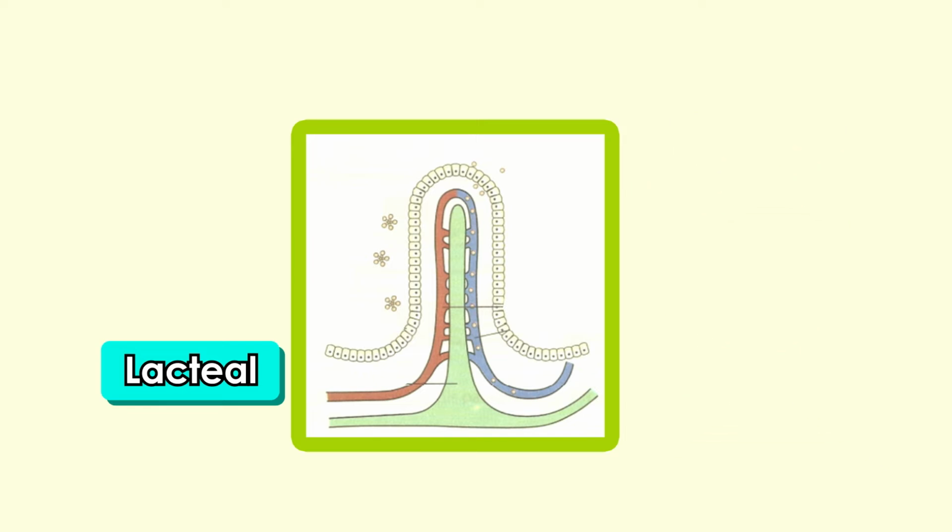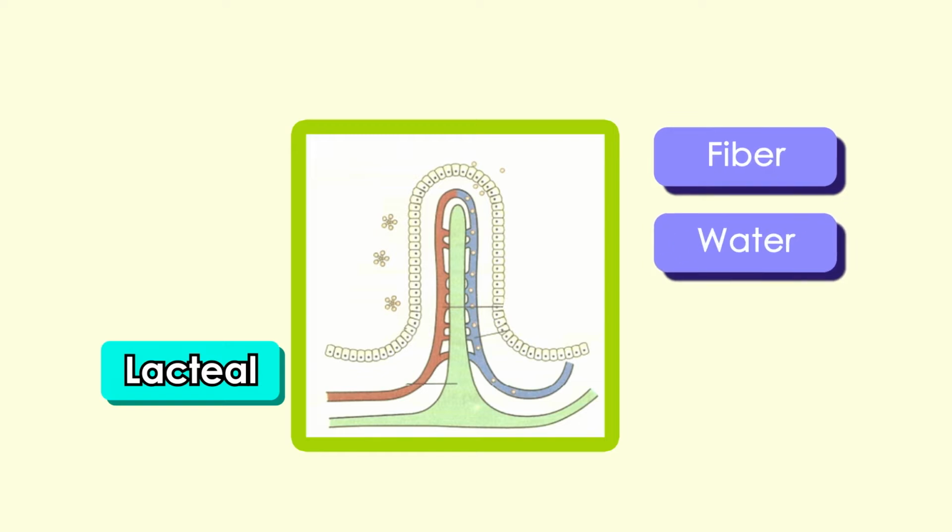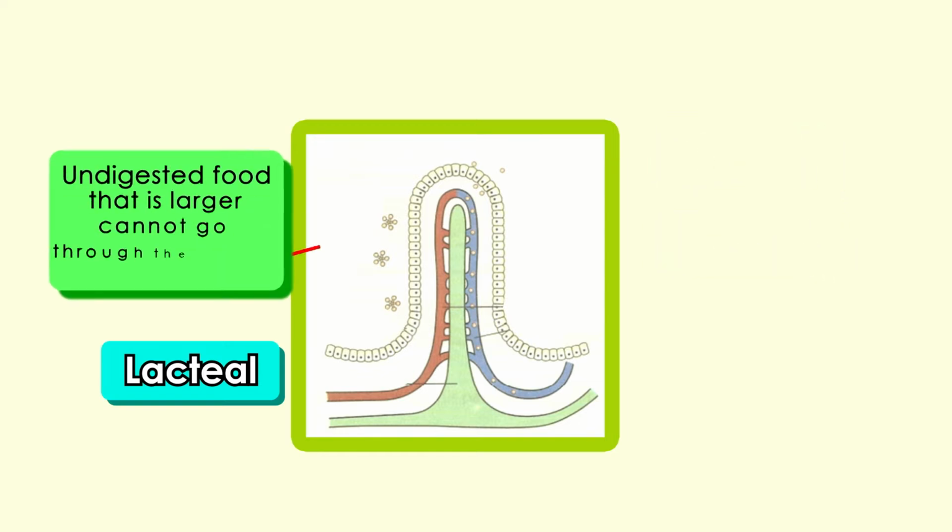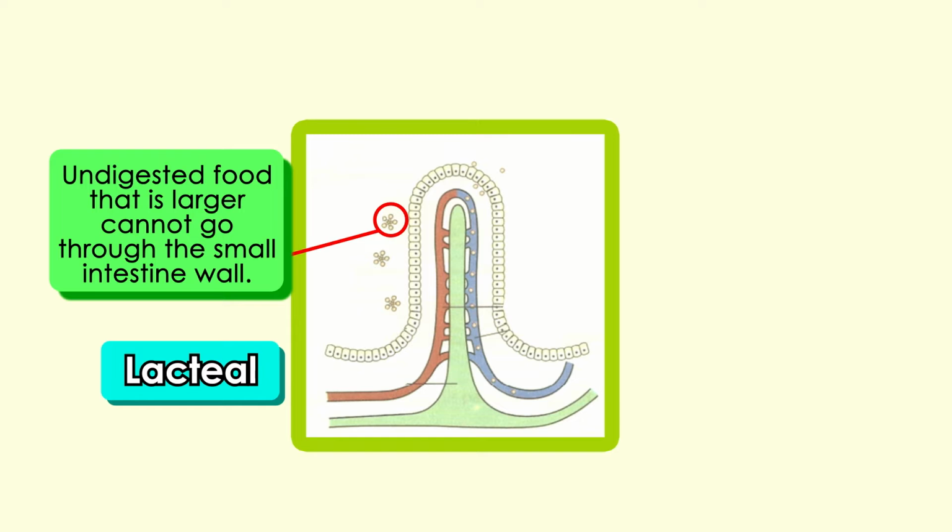Pupils, do you know what happens to the large molecules of food, such as fiber and water? Well, because the size of the molecules is large, it cannot pass through the wall of the small intestine. Let us investigate the absorption process at the small intestine by conducting an experiment.